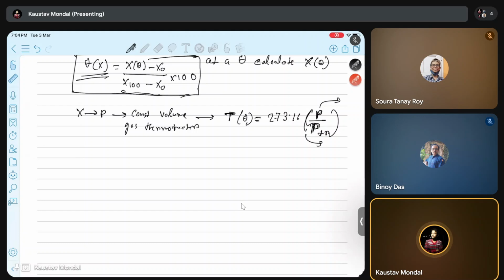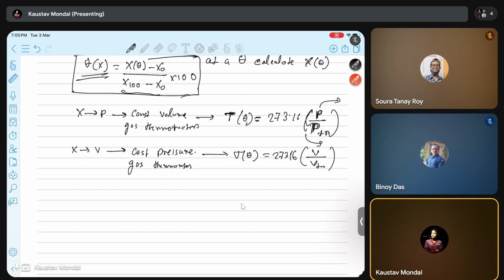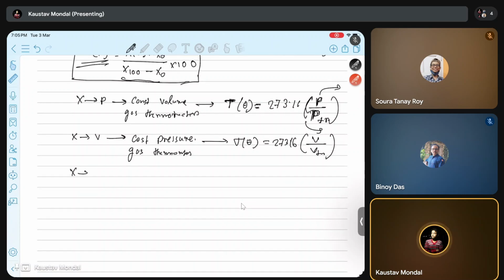Similarly, if you take x as volume, this instrument is known as the constant pressure gas thermometer. But the pressure is constant and the volume of the substance will change, that's why it's named the constant pressure gas thermometer. In that case, T would be a function of volume, T = 273.16 times V by V_ref. Similarly, you can also use length as x.